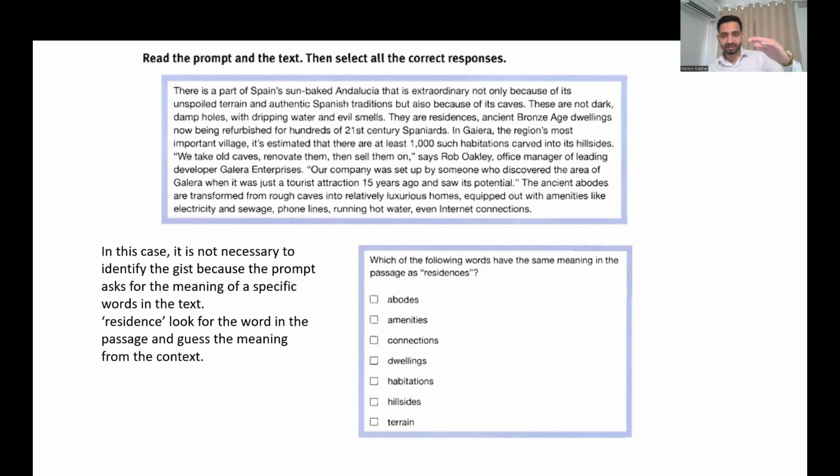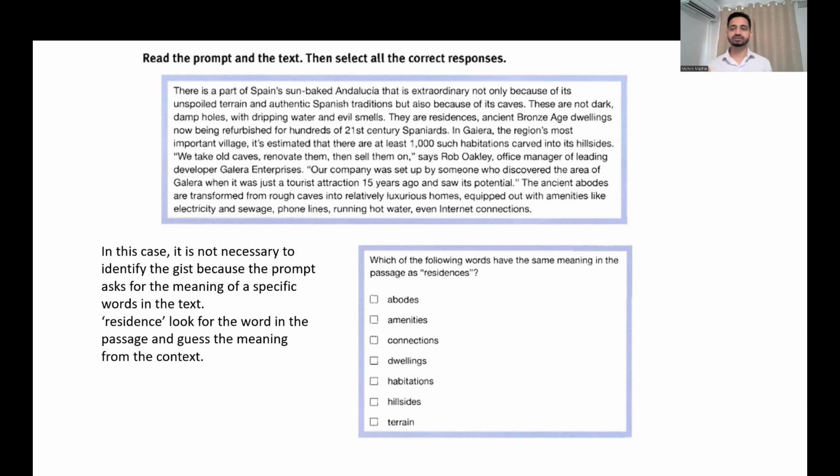So reading the summary is not going to help you because you're looking for a specific word here. If you look at the note on the left-hand side, in this case it is not necessary to identify the gist because the prompt asks for the meaning of specific words in the text. Look for the word in the passage and guess the meaning from the context. So reading the passage for the gist is not going to help you.